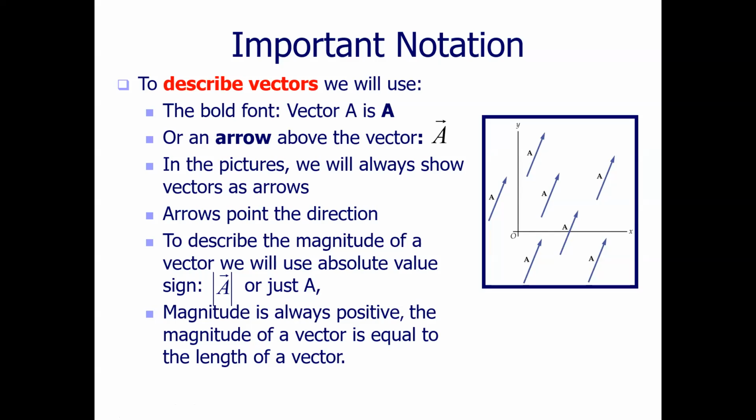It represents a component on the x-axis and a component on the y-axis. The basic notation is capital A or A bar. The vector is represented either in bold letters or with an arrow on top. That is the basic notation.